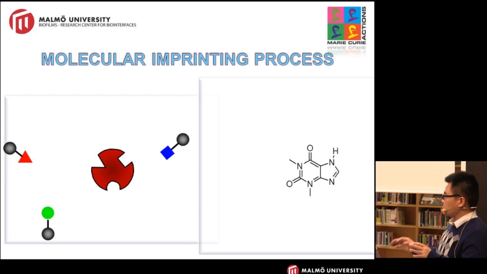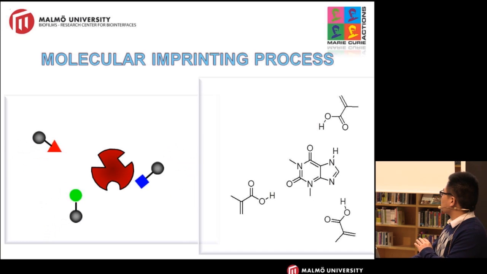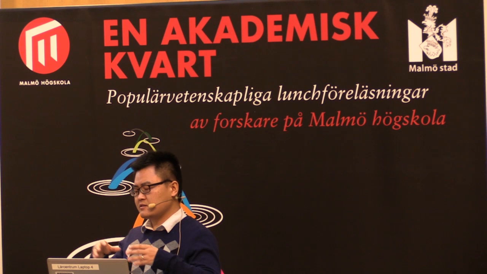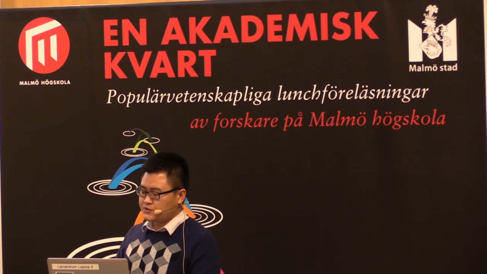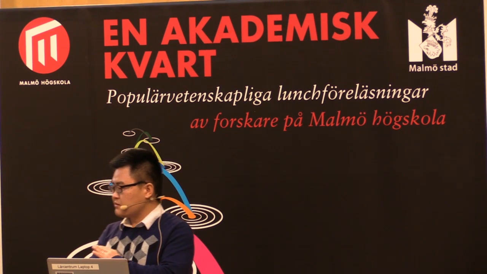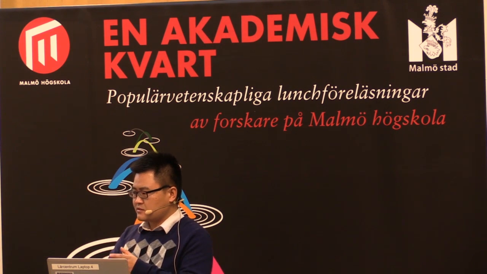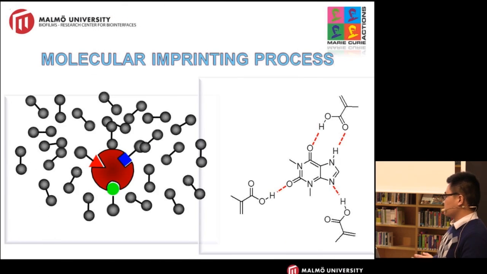And then we fix this network with some cross-linkers. We remove these molecules, and we can obtain this smart material with shape, and the interactions are very useful to capture the molecules. So this is a very useful and efficient concept to create synthetic materials, smart materials, that can bind to some bio or some organic molecules.